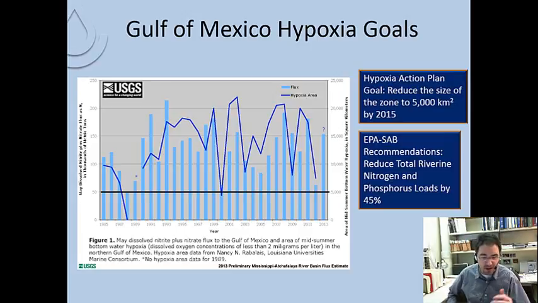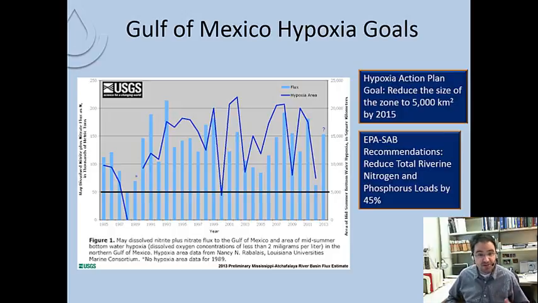Now, in about the 2008 timeframe as well, EPA convened a Science Advisory Board panel to review the science behind Gulf hypoxia, to develop recommendations for reducing the size of the zone, and ultimately that led to recommendations for reduction in total riverine nitrogen and phosphorus loads of 45%.